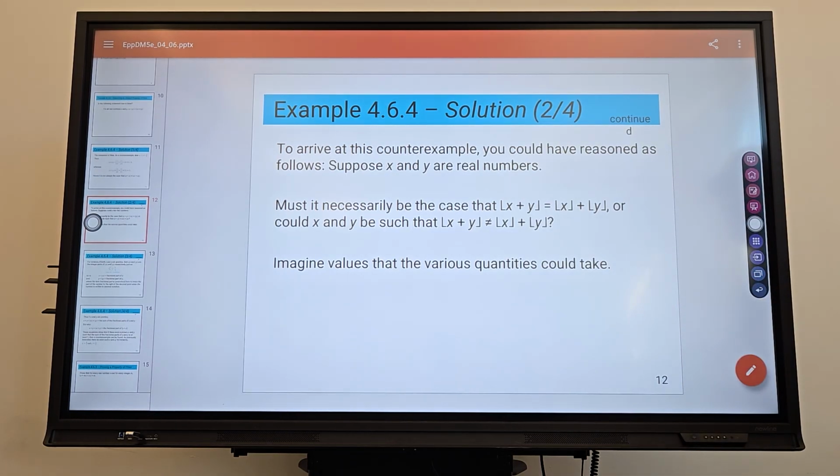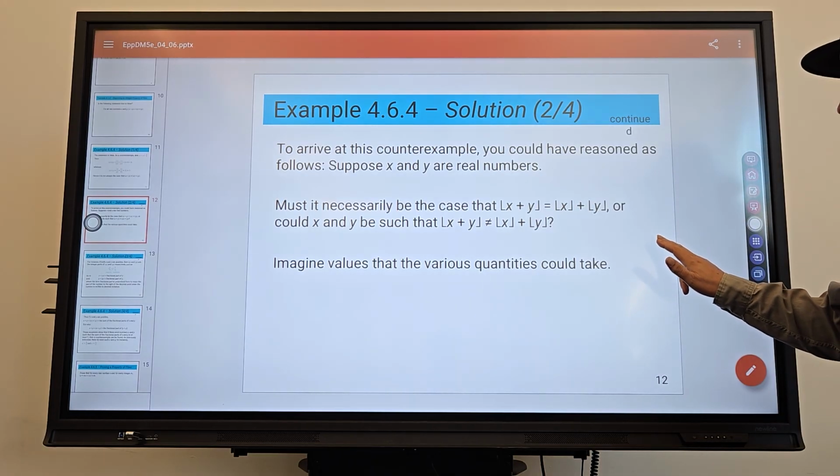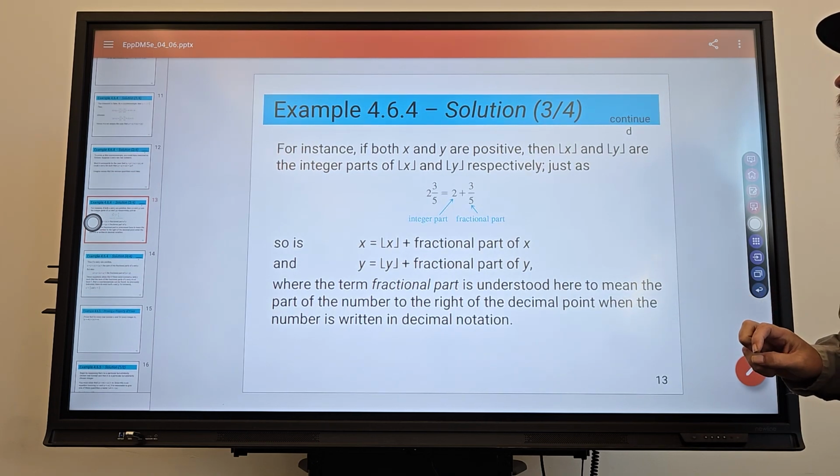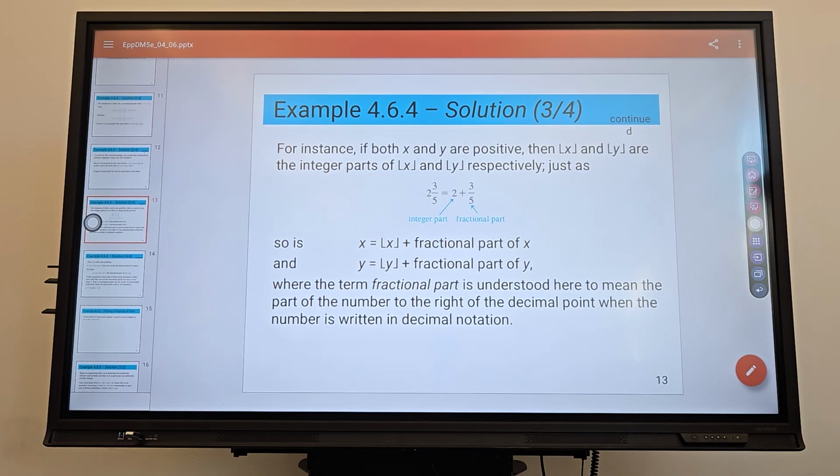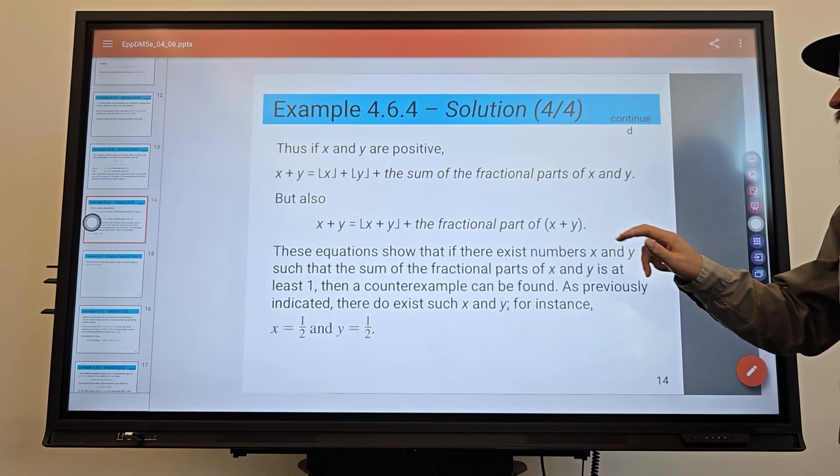To arrive at this counterexample, you could have reasoned: suppose x and y are real numbers. Must it necessarily be the case that the floor of x plus y equals the floor of x plus the floor of y? Imagine the various quantities they can take, and it goes into the fractional parts.